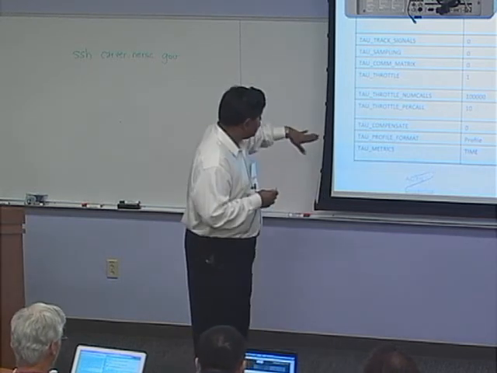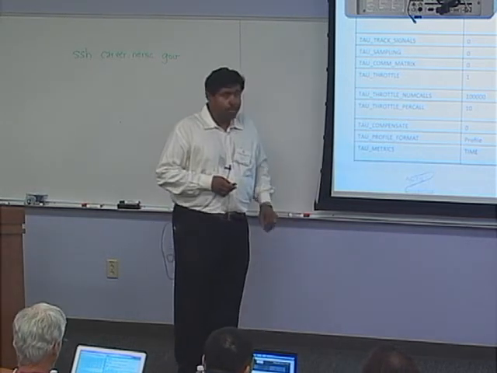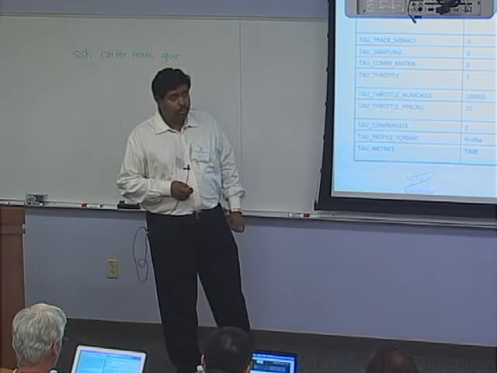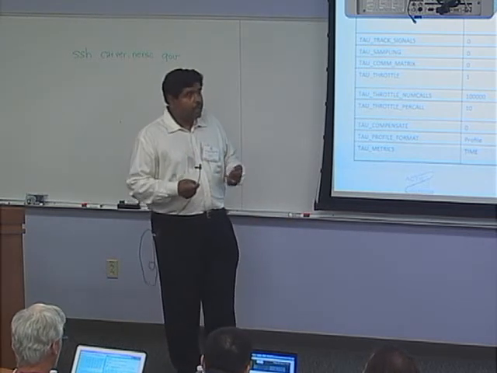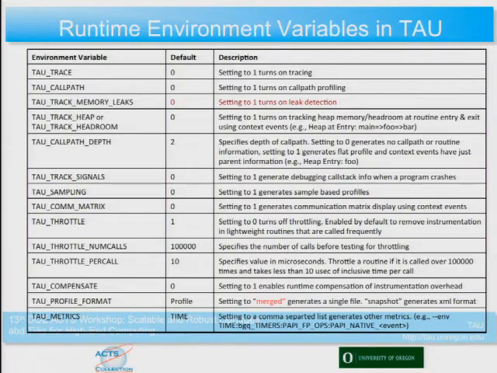So we have an option called TAU profile format where you can set it to merged. And what that does is everyone at MPI finalize globally reduces this data and writes out a single file. We even calculate statistics like mean, max, standard deviation, all at the end of the program, and only a TAU profile.xml single file is written out by rank 0.